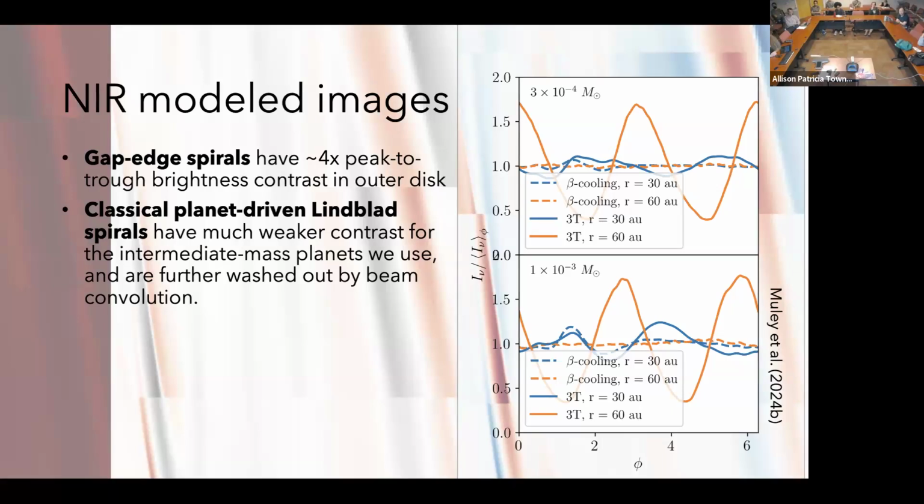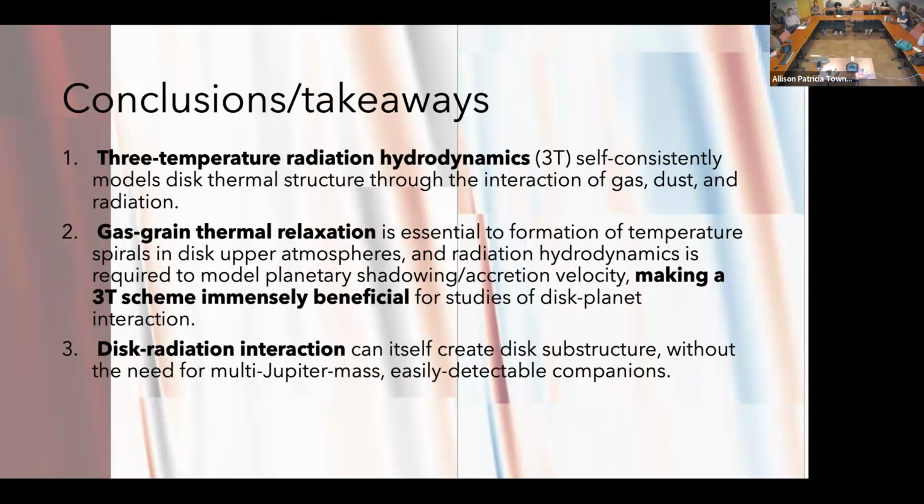Now, to conclude, some big takeaways from this talk. With three-temperature radiation hydrodynamics, the scheme I developed, you can self-consistently model the disk thermal structure and its evolution through the interaction of gas, dust, and radiation. What we learned from the spiral project is that gas-grain thermal relaxation is essential to forming temperature spirals in the upper atmospheres of disks.